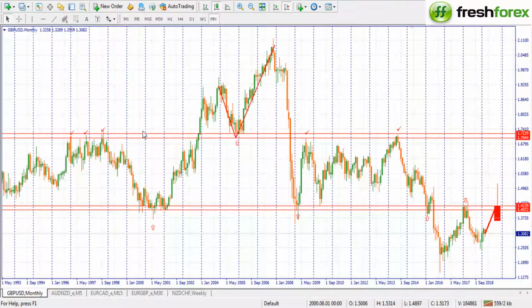Anytime you have a level like this and price proceeds above it, you expect price to continue in the same direction after that breakout. So you don't buy immediately, rather you wait for price to get back to the same point before you pick a buy, expecting it to proceed even higher. So that's one way to draw key levels. These are key horizontal levels.